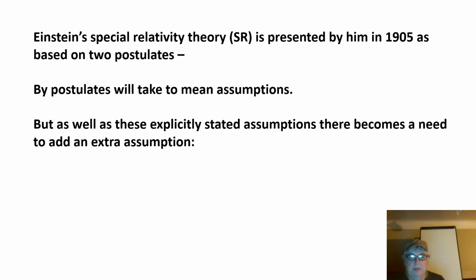By postulates we take to mean assumptions, but as well as these explicitly stated assumptions, there becomes a need to add an extra assumption. Now I assume you know what the postulates are. They're talked about a lot: the principle of relativity and the constancy of light speed.